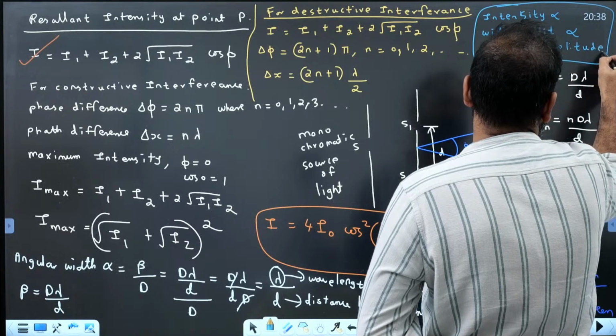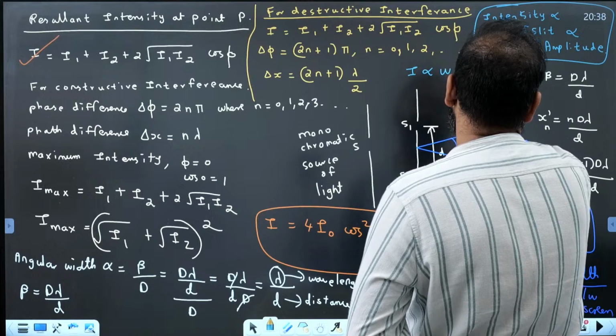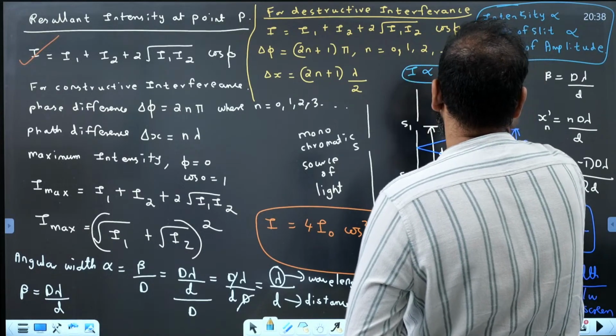Intensity, what is it? Directly proportional to width of the slit. Directly proportional to square of the amplitude.